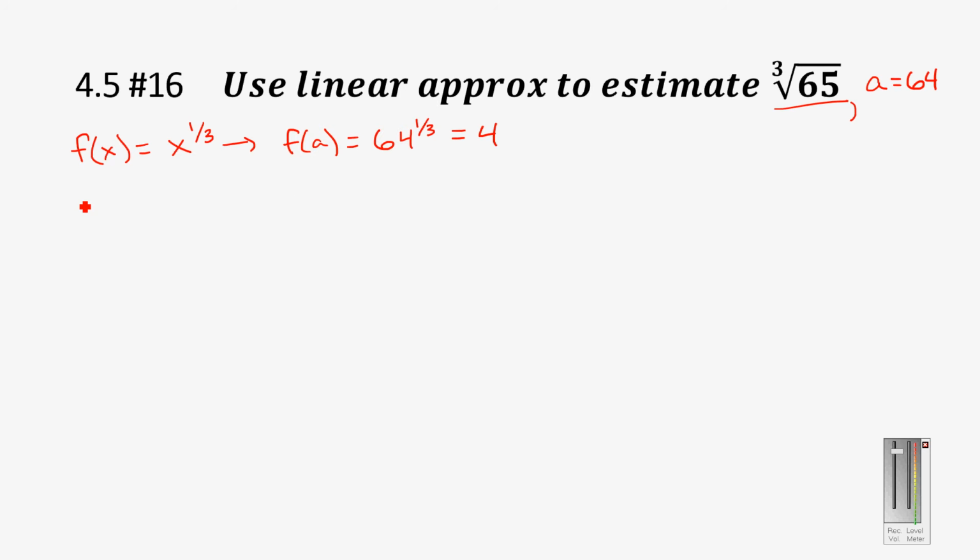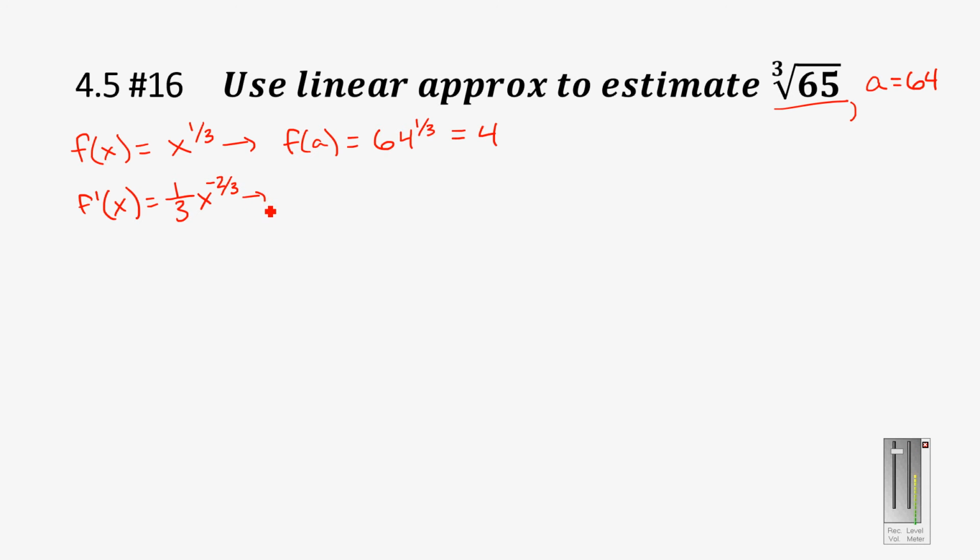But I can also say that f prime of x is equal to 1/3 times x. I have to subtract 1 from 1/3. So subtracting 3/3 from 1/3 puts me at negative 2/3.